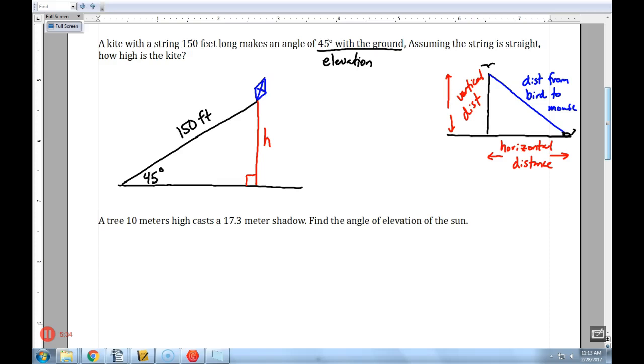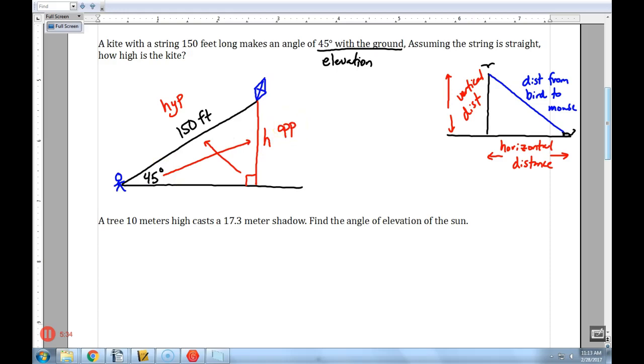I think we should be able to set this up using some pretty basic trig here. So first thing is, my point of reference is always on the angle that's given. So I put my point of view coming from here, and labeling the sides across from the 90. Okay, across from the 90, that's always the hypotenuse, and across from the 45, this is my opposite.